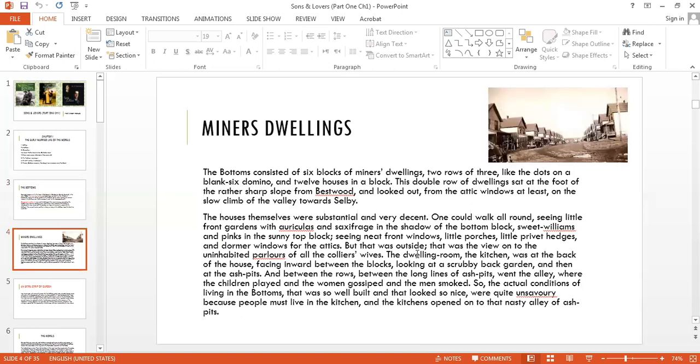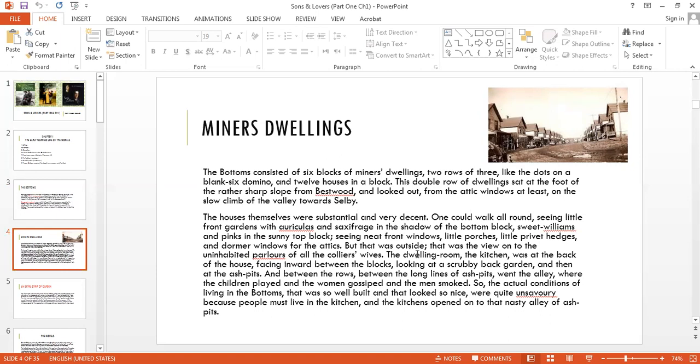He says Bottoms consist of 6 blocks of miner dwellings, 2 rows of 3, like the dots on a blank 6 domino, 12 houses in a block. This double row of dwellings sat at the foot of a rather sharp slope from Bestwood and looked out, from the attic window at least, on the slow climb of the valley toward the Selby.